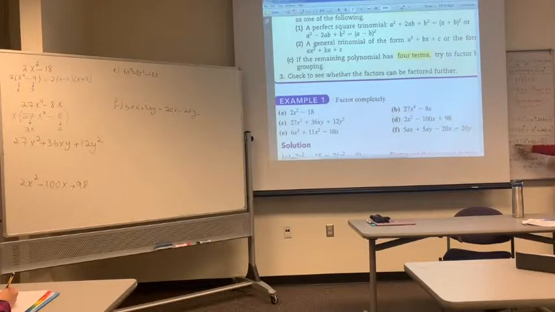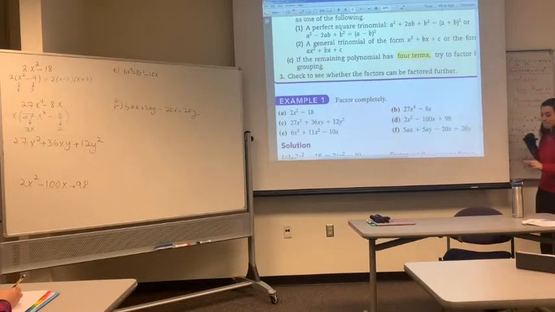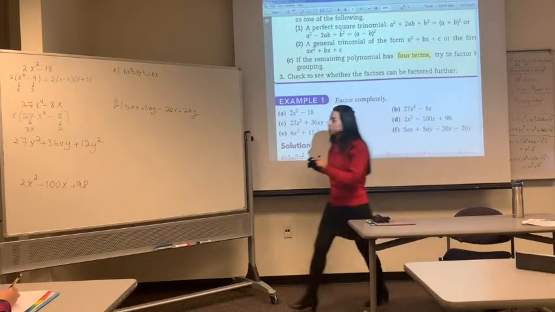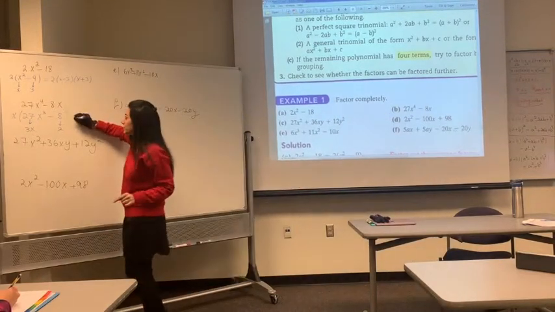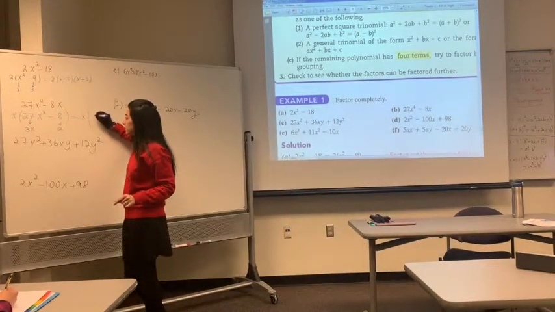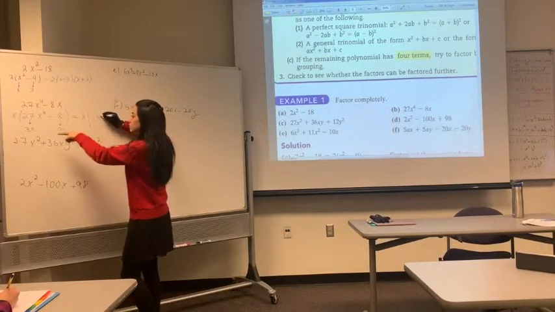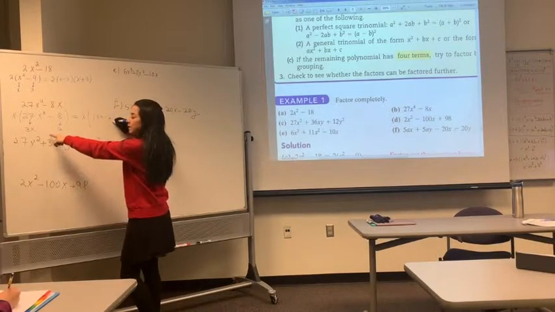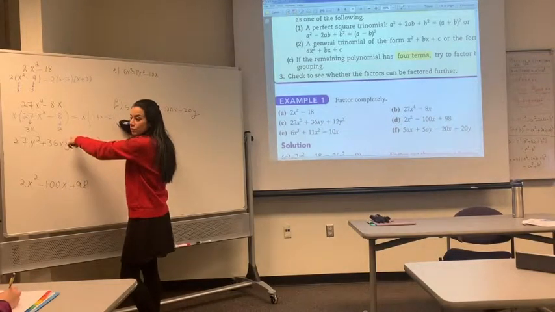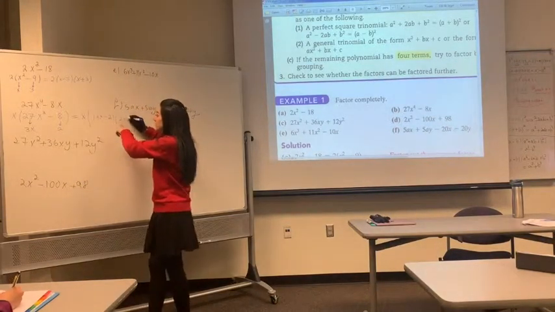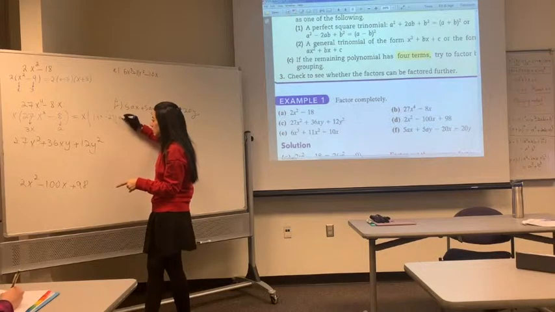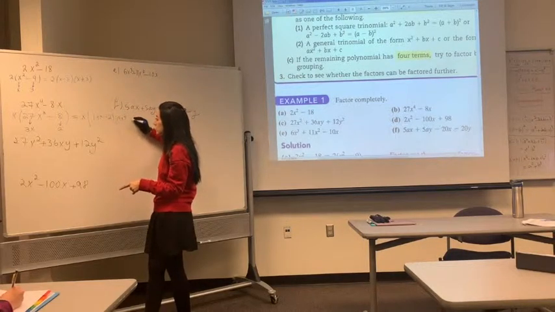Which is a minus b multiplied by a squared plus ab plus b squared, right? So keep this x, then you have the first term minus the second term, multiplied by the first term to the power 2.